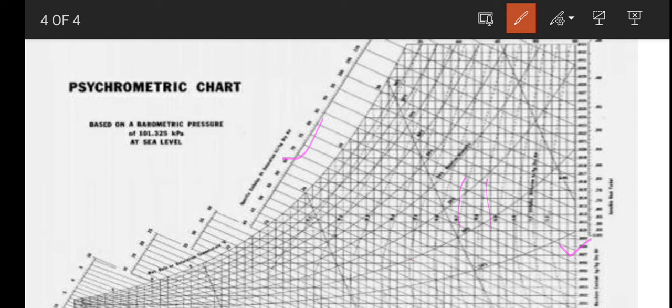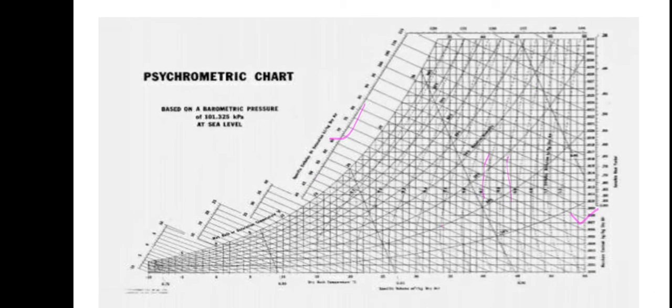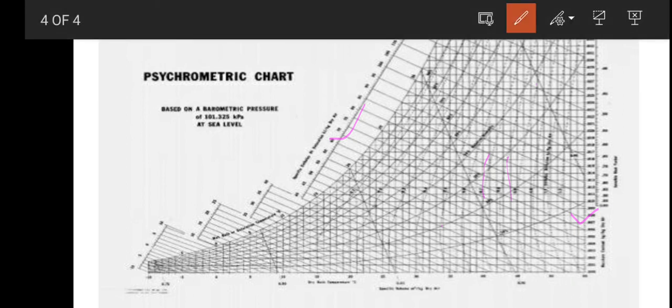Then we have this scale, where all the vertical lines indicate DBT, dry bulb temperature. Along with these enthalpy lines, when the dry bulb temperature meets the saturation curve, the enthalpy line from there is indicated as the constant wet bulb temperature line.